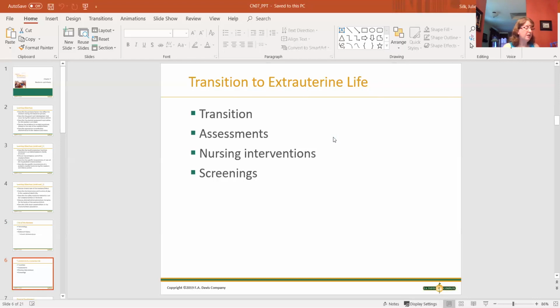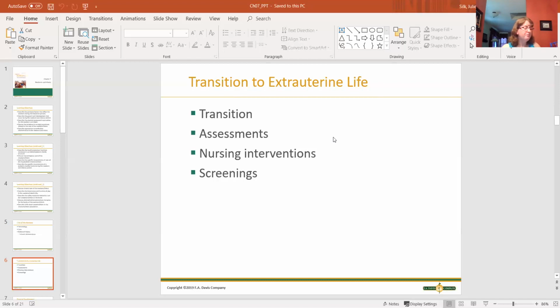Other things, as far as transitioning to being outside of the mom's body, would be thermal regulation. We want to get this baby to not be super cold, right? So we're going to try and warm the baby up and do what we can for that.